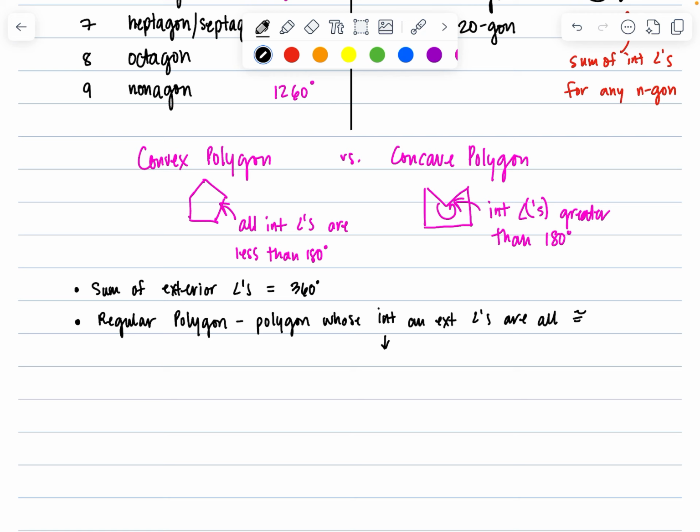This is a little deceiving. All interior angles are congruent and all exterior angles are congruent to each other. So all interior angles would be the same. So this is what this means. All interior angles are congruent. All exterior angles are congruent to each other.